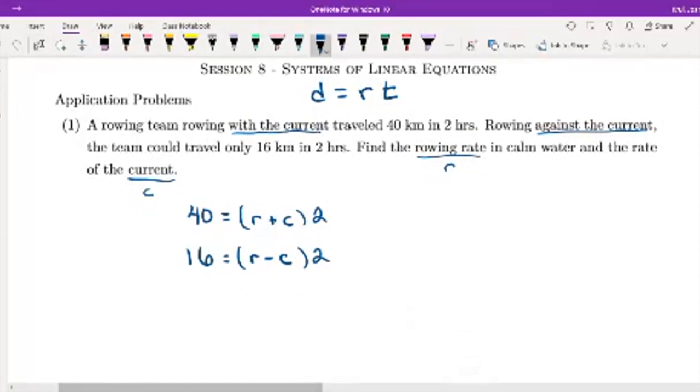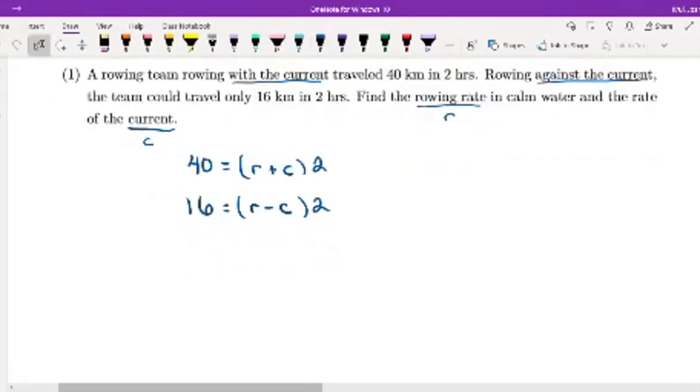So what we're going to do is distribute that 2 across the board here and see if we can eliminate any of the variables. I also might want to rewrite these so that the variables are on the left-hand side, just because it's easier to look at and it's very similar to what we did in our previous video. So if we distribute the 2 in both scenarios, we get 2c plus 2r is 40, and 2c minus 2r is 16.